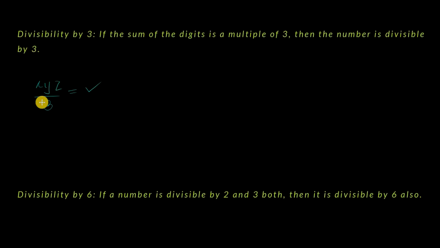If this number is divisible by 3, then x plus y plus z, if we sum them, and the result, another number, is divisible by 3, then xyz is divisible by 3.